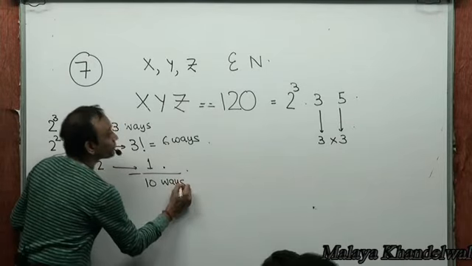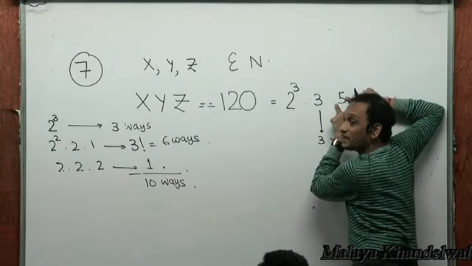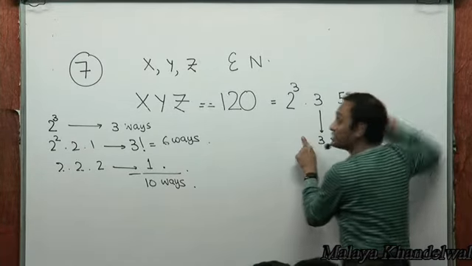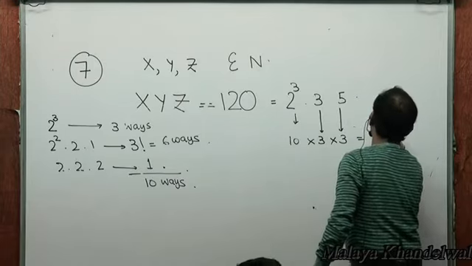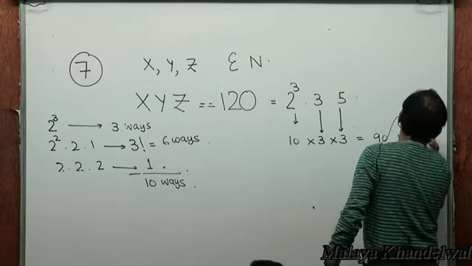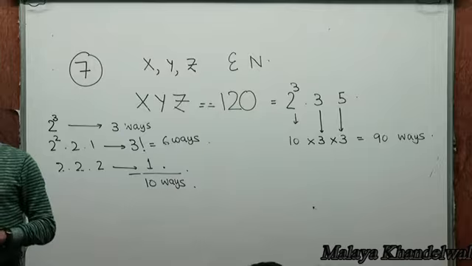But that means 3 ways of assigning this, 3 ways of assigning this, and the number of ways of assigning 2 cubed is 10. So that makes it 90 ways in all. So there are 90 solutions in natural numbers to this equation.